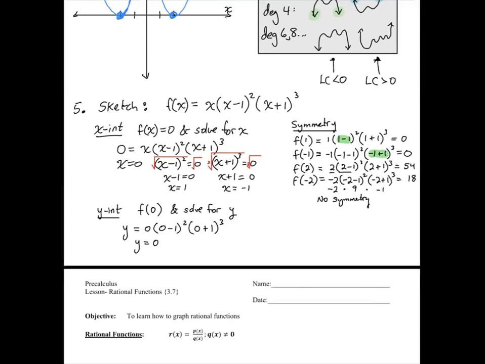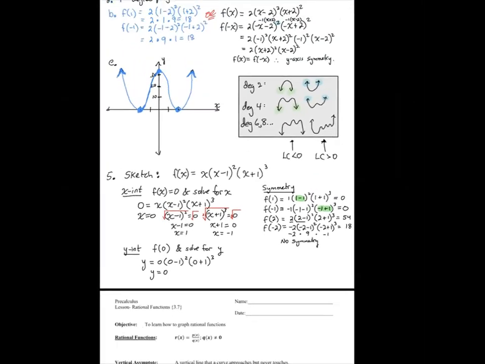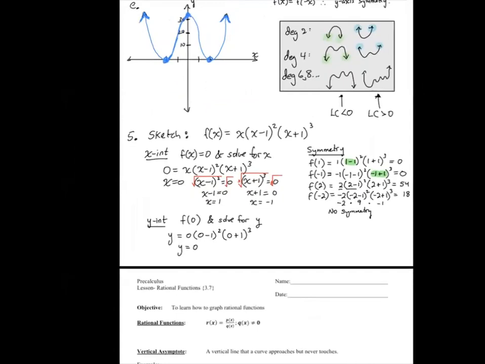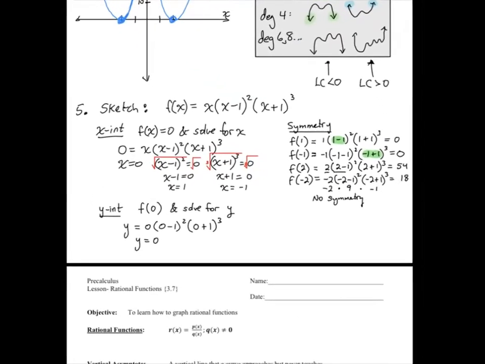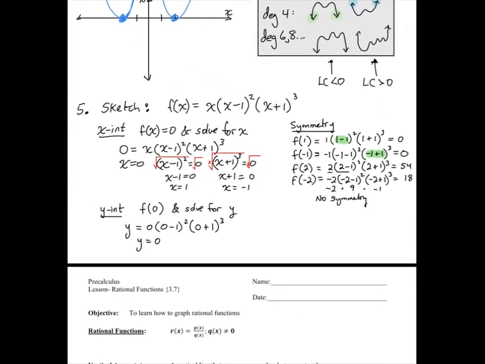All right. So we can't rely on that like we did the previous problem to get a sense of the shape. So we're kind of limited in what we can do. Right. But we do know multiplicity. The x equals 1 has a multiplicity of 2. All right. So we get a highlighter involved.